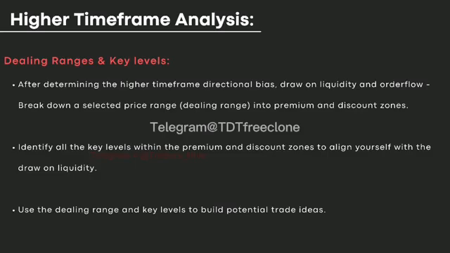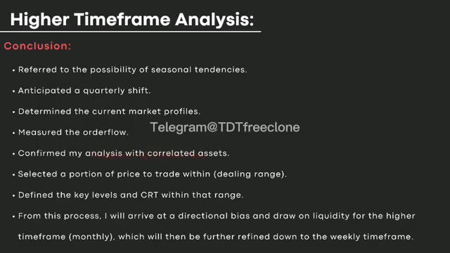Now let's summarize everything that we've covered in this chapter. The first step is that you would refer to the possibility of a specific seasonal tendency at a particular time of the year. This will help you understand how historical patterns during certain times of the year could influence the current market environment.